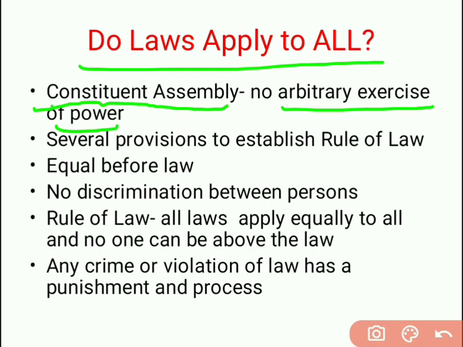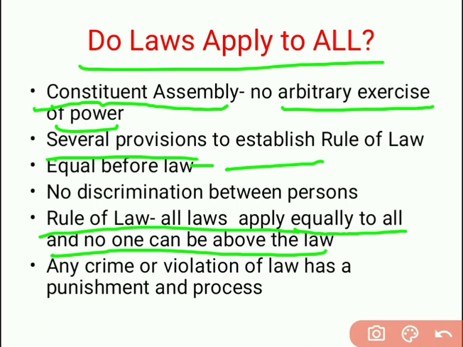Therefore, the Constituent Assembly members made several provisions to establish the rule of law, and all these rules would be applicable to everybody without any discrimination on the basis of birth, caste, race, language, etc. These laws are equally applicable to all the people, and no one can be above the law.